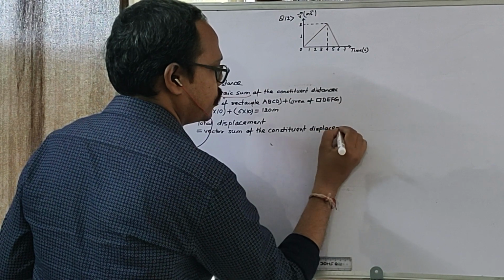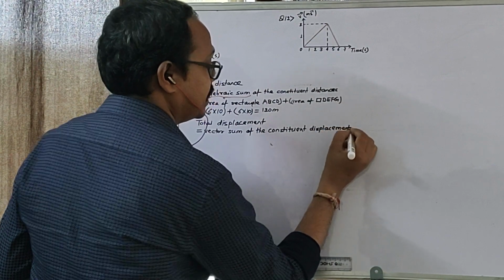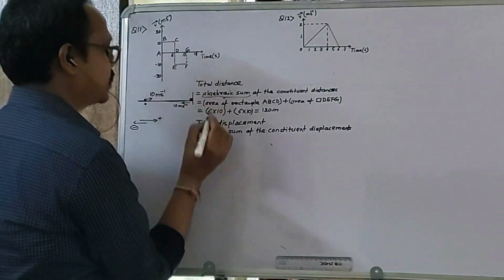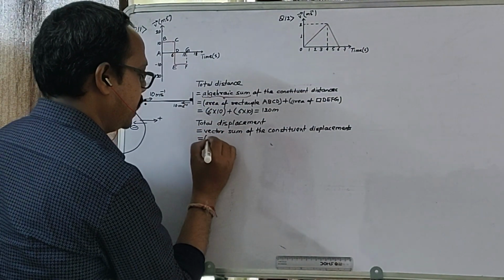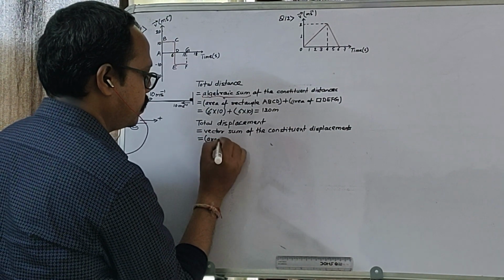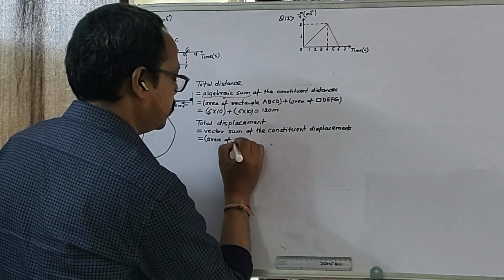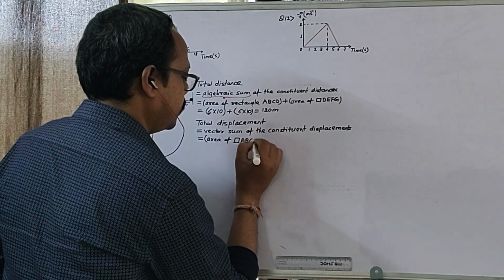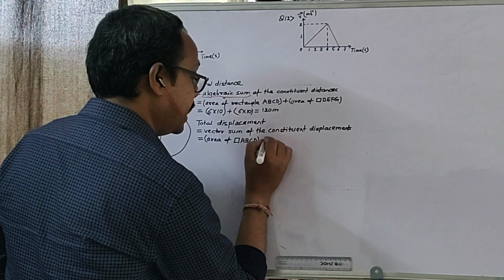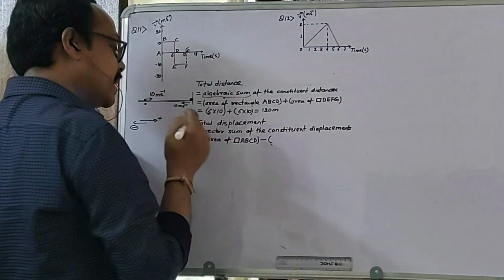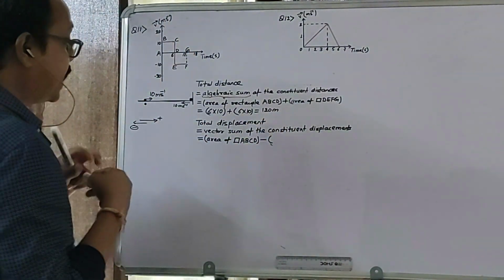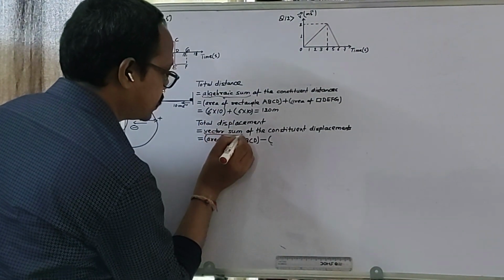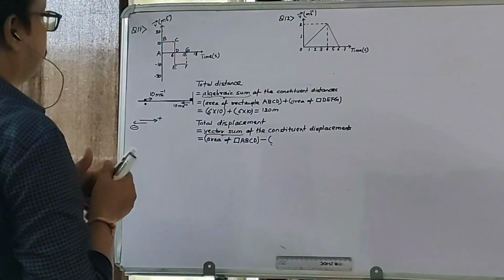Okay, in this case we have to take care of one thing: the area which is lying above the time axis, we take as area of rectangle ABCD, minus. This time we will do minus. Why? Because we are finding the vector sum, and in a vector sum direction makes sense.